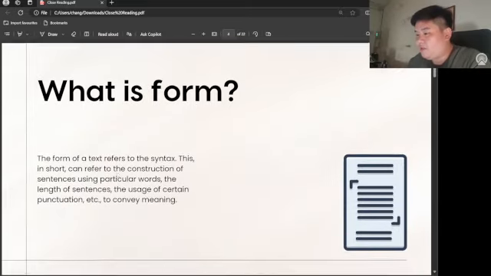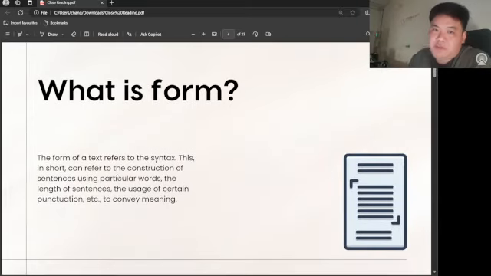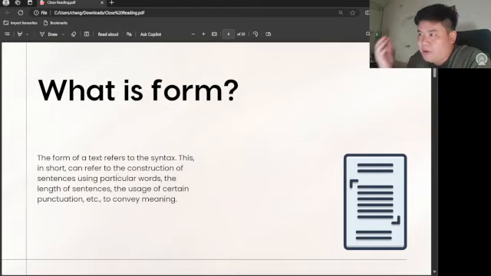So what is form? Form, simply put, refers to the way that the particular text is constructed. What I mean by that is that, if we look at it from a bird's eye view, we are paying attention to things like paragraphing, i.e., what sort of point the author is making in each particular paragraph. How do they segment their ideas out?